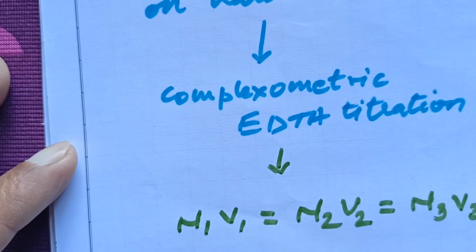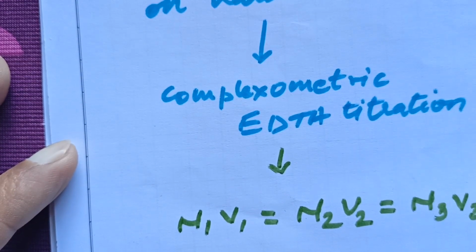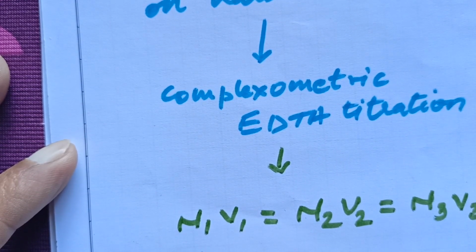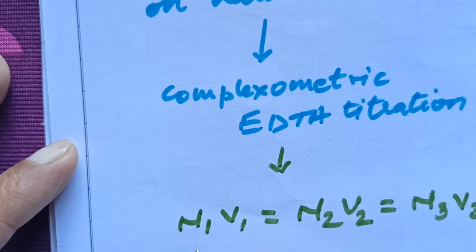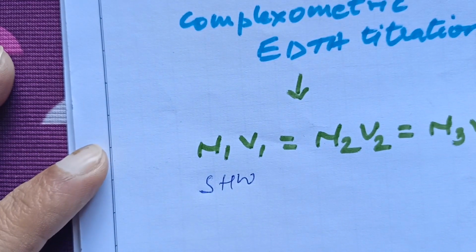Here the terms have their normal meaning. N stands for normality and V stands for volume. Here N1V1 stands for standard hard water.